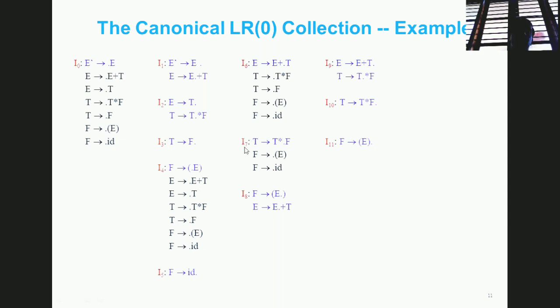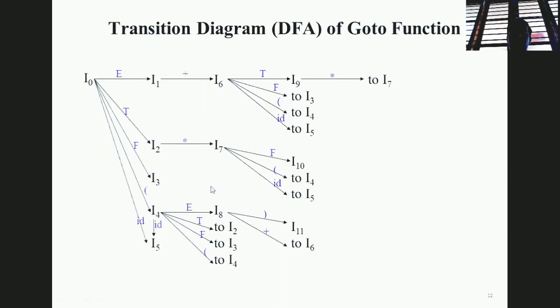There's a new state. Similarly, when it comes to I3, no transition is required because after dot you don't have either a terminal symbol or a non-terminal symbol. Similarly, when it comes to I4, you have a symbol that is dot E. So I will have a new state on I4 on E. What is I4 on E? You get I8.